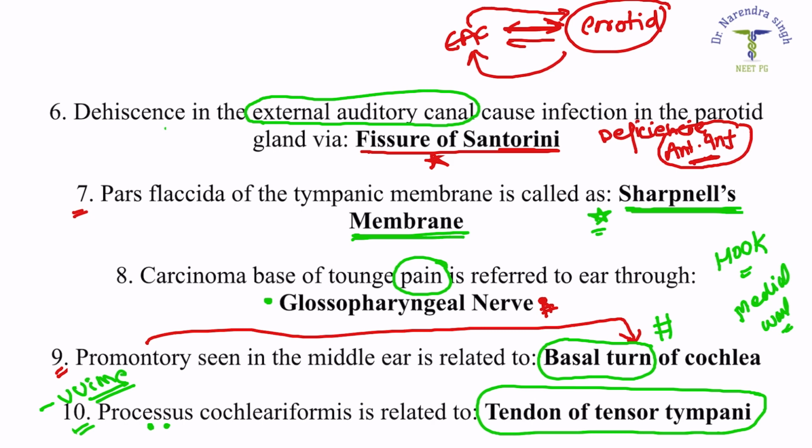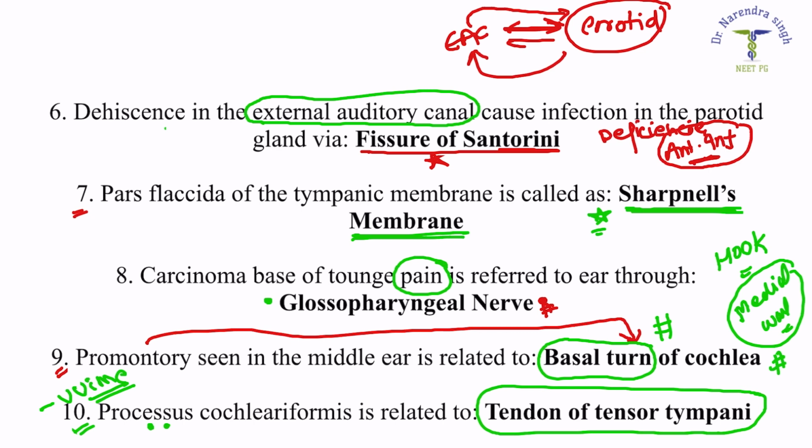So the second question which can be asked in context to processus cochleariformis is that it is present on the medial wall of the middle ear, anterosuperiorly. The tendon of tensor tympani hooks around it. It takes a turn around.